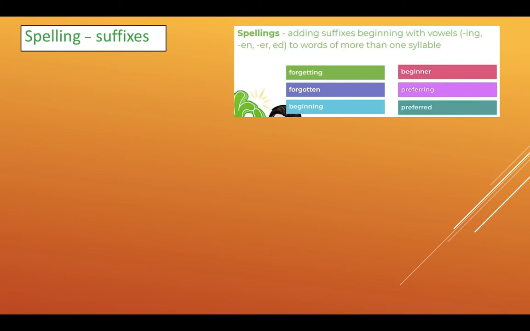So we've got our spelling words, or the spelling rule that you need to remember. So first of all, forgot today. Forgot has 2 syllables. It has 1 vowel, second to last letter, ends with a consonant, and it is stressed. So got, forgot. So the 'got' is stressed, so therefore we can apply the rule.